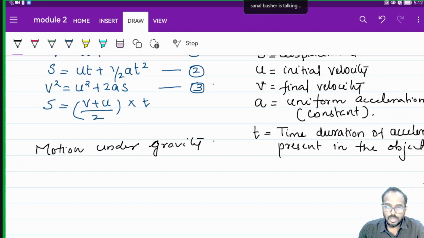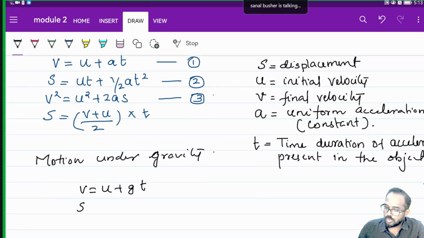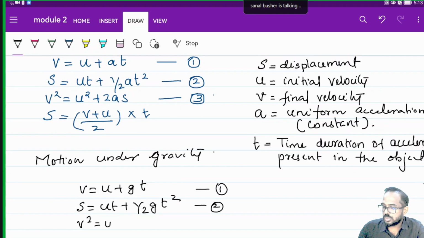So for motion under gravity, you can rewrite the equations as v is equal to u plus gt, s is equal to ut plus half gt squared, and v squared is equal to u squared plus 2gs, the third equation.